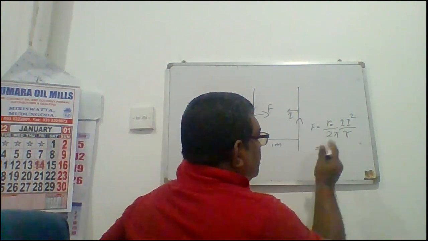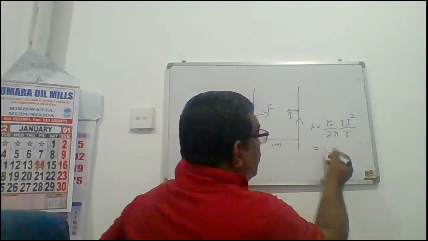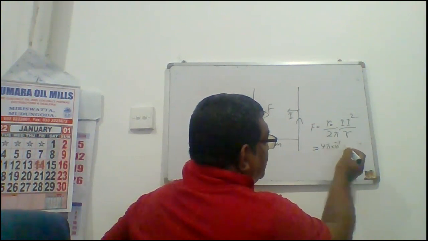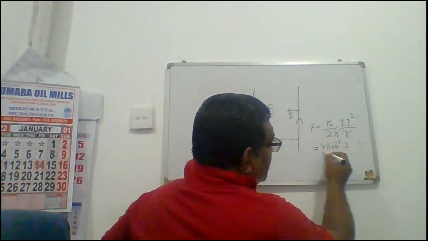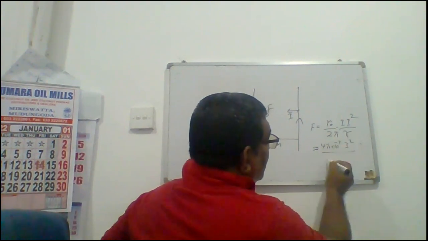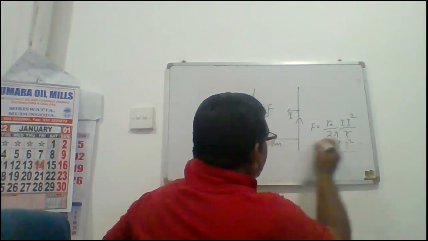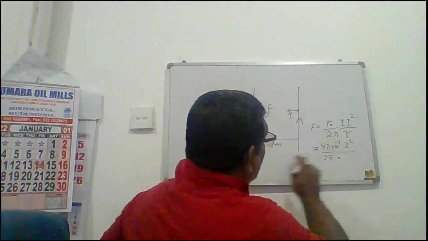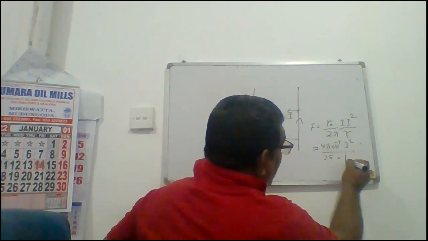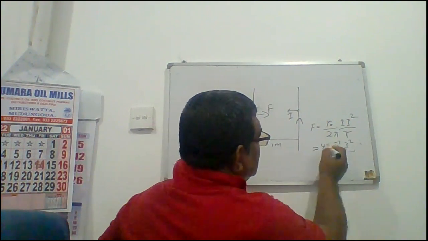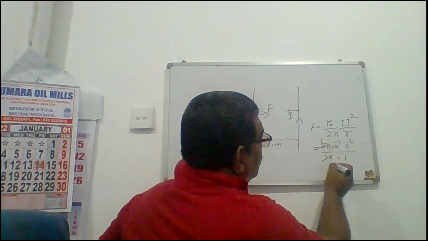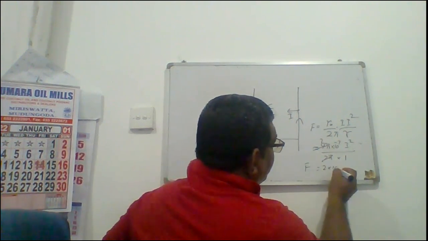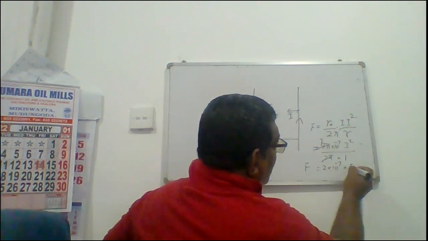Now I can substitute mu naught equal to 4 pi into 10 to the power minus 7, and keep I squared. Dividing by 2 pi into R, where R is the separation between the two conducting wires, equal to 1 meter, this gives 2 I squared. So the force is equal to 2 into 10 to the power minus 7 into I squared.